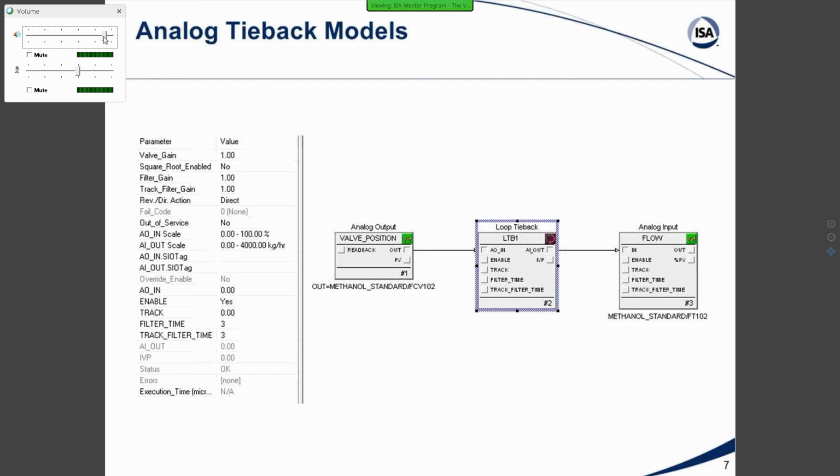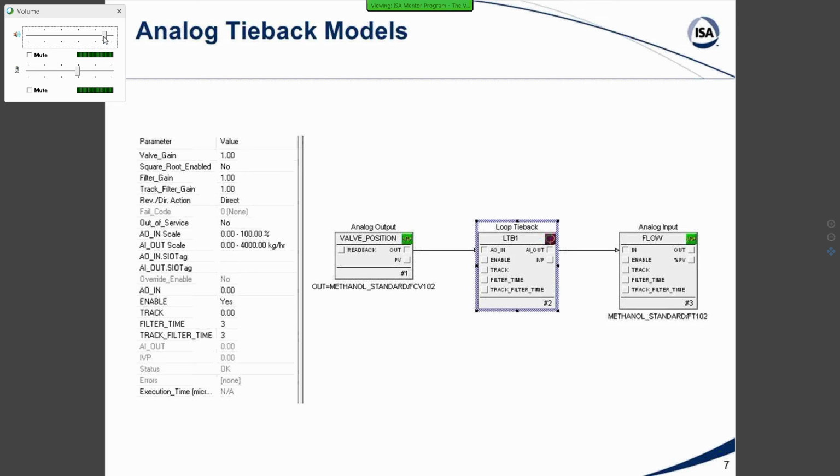This valve position is essentially being scaled and filtered with a certain filter time, and then being sent out as the flow. So this is a very simplistic model, but it allows for the flow to change with a certain valve position as a controlled variable. Now, what this doesn't allow for is, you may notice there's no dead time anywhere. You can't define a dead time anywhere in here.